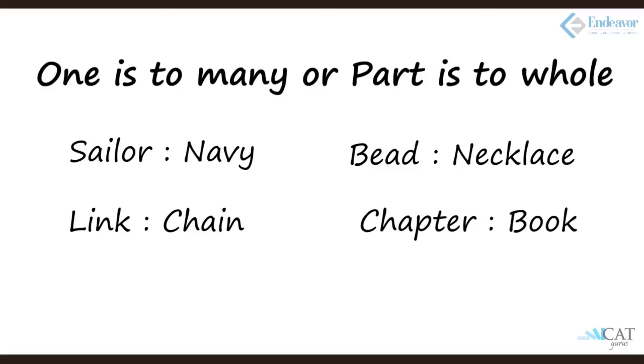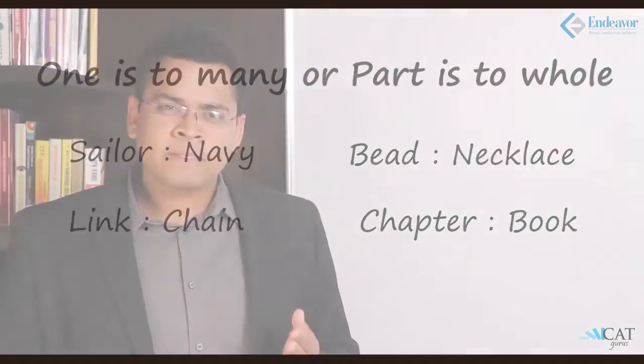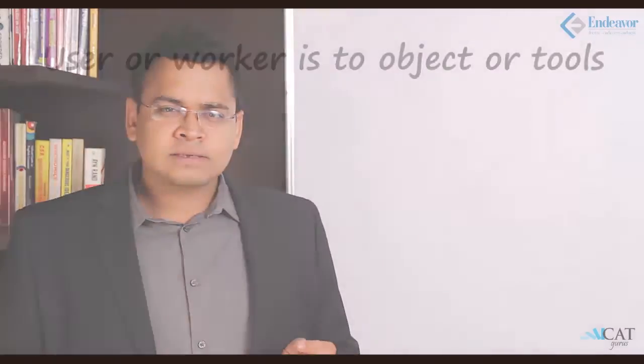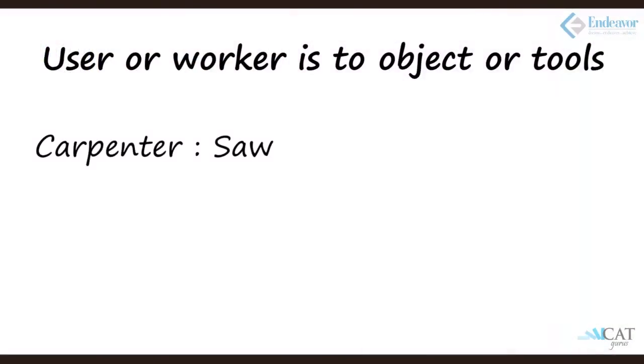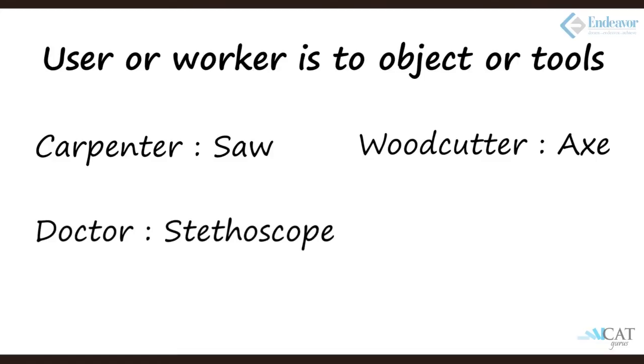Now these kinds of relations are one is to many or part is to whole. Second such one is a user or worker is to object or tool that he uses. Say for example, a carpenter is to saw, woodcutter is to axe, doctor is to stethoscope, warrior is to sword.